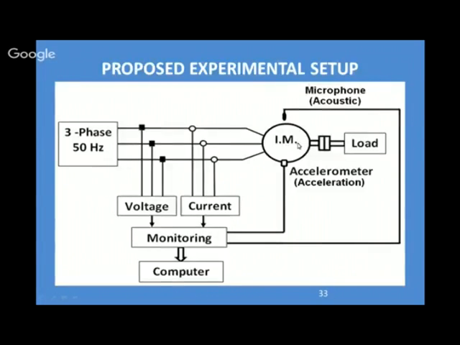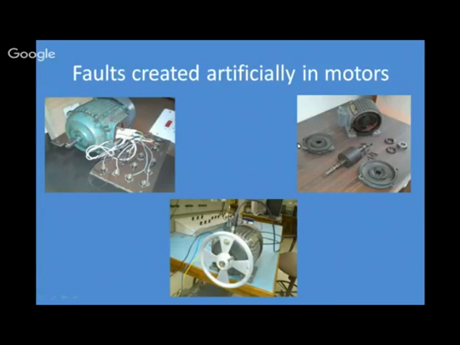healthy motor. Then we will artificially create some faults, like we have stator winding fault here, that is turn to turn fault, inter-turn fault. Then we can have the bearing faults here. We can modify the bearings, we can change the bearing here, or we can have motor imbalance.